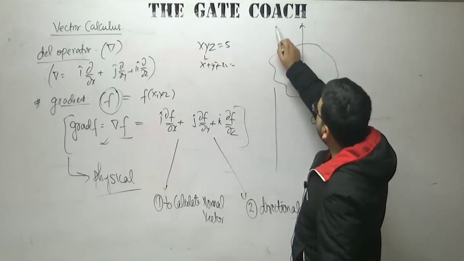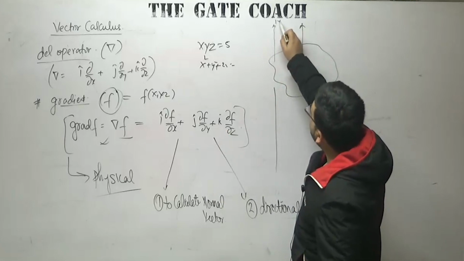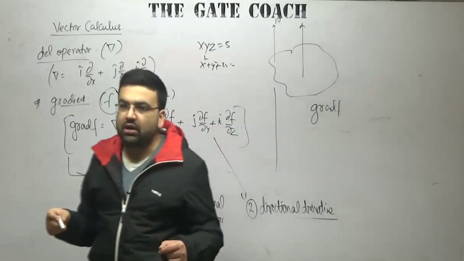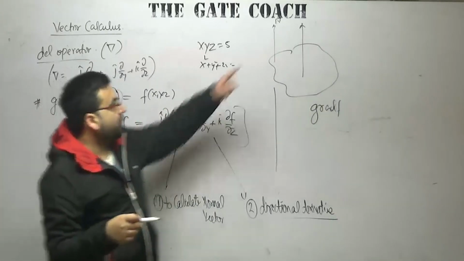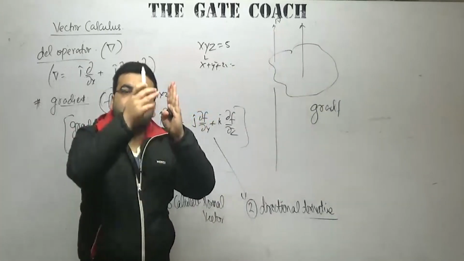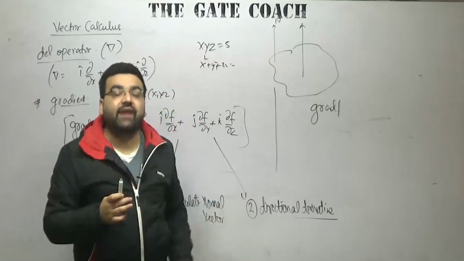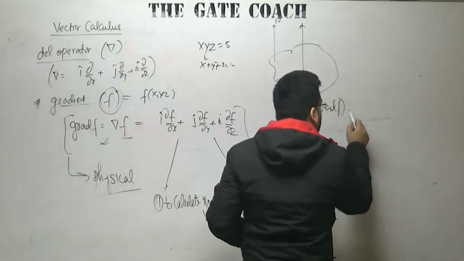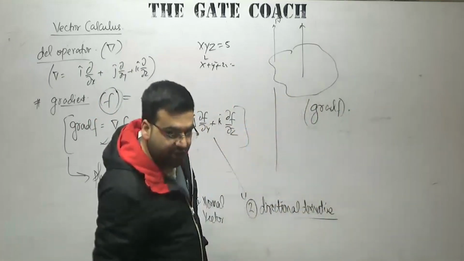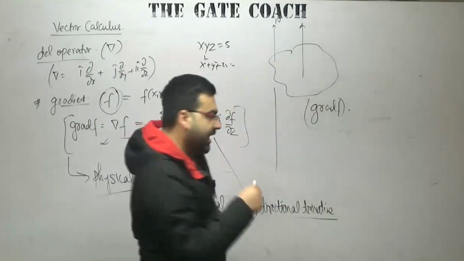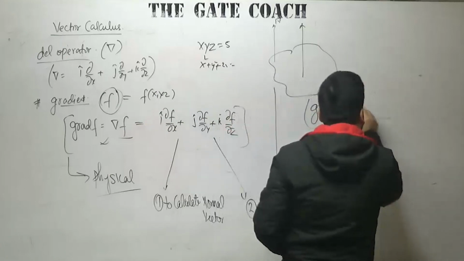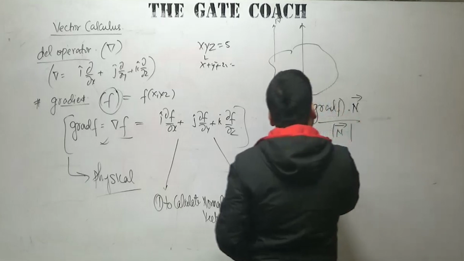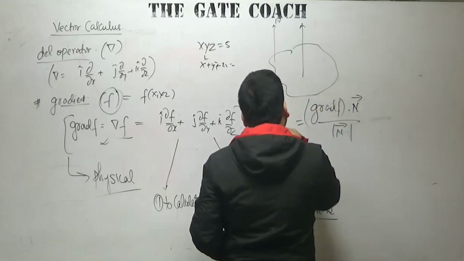Some vector n will be given to you, and in the question it will be mentioned to calculate the unit vector corresponding to this n vector, meaning parallel to this vector we have to calculate a unit vector. How to calculate the unit vector? We know that grad f is also a vector. Dot means in the same direction, cross means in the perpendicular direction. So grad f dot n vector divided by the magnitude of n vector. This is the directional derivative.